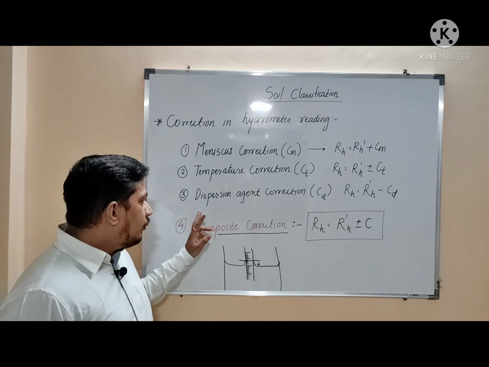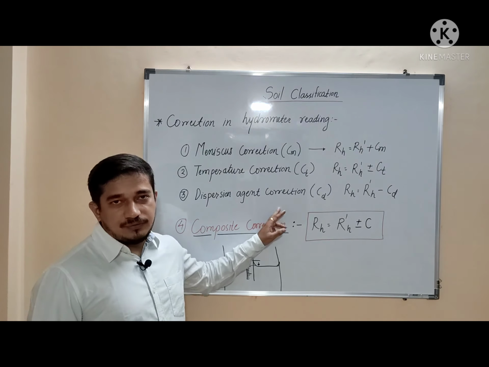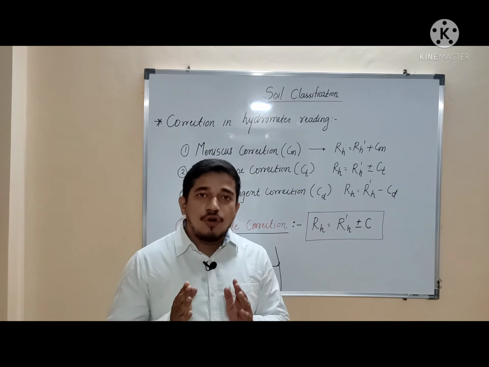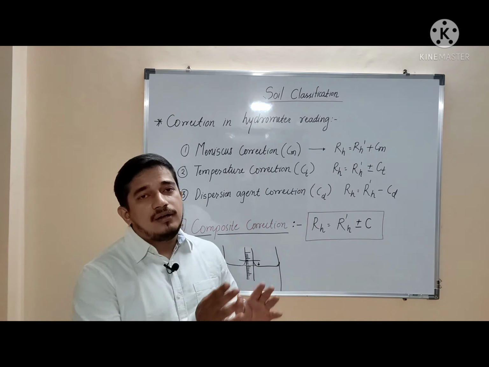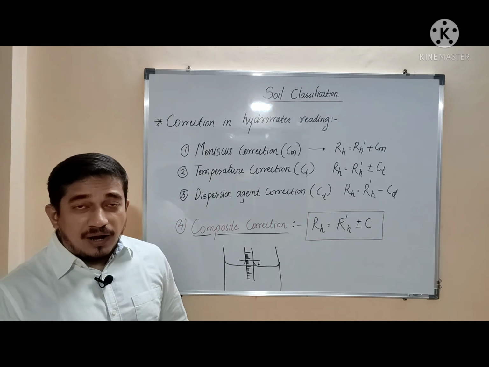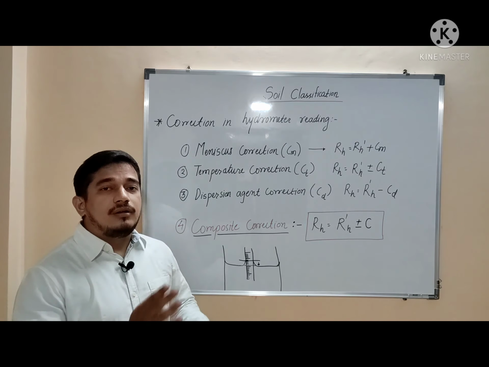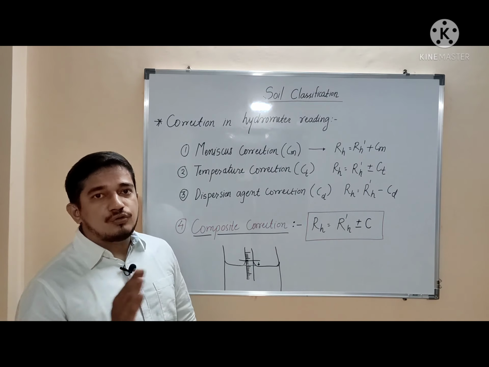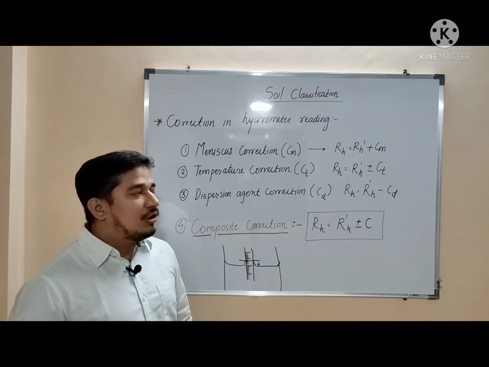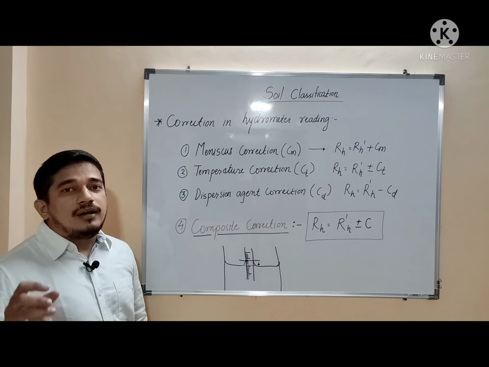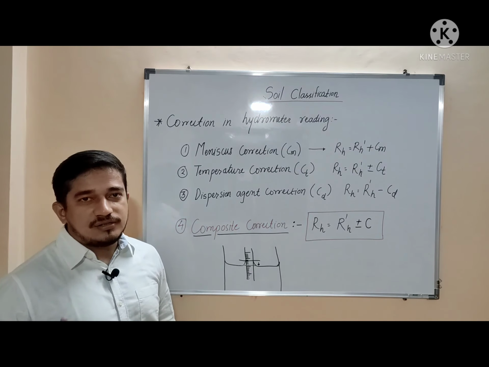To determine the magnitude of this dispersion agent correction, we will add dispersion agent in a comparison cylinder in the same concentration as we have added in the soil suspension, and we will take the reading of the hydrometer, and that reading will be compared with the hydrometer in clear water. The difference between these two is going to give us the dispersion agent correction, and that will be negative, as the addition of the dispersion agent increases the specific gravity of the soil suspension.